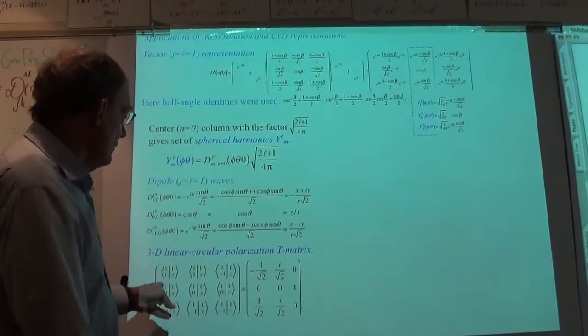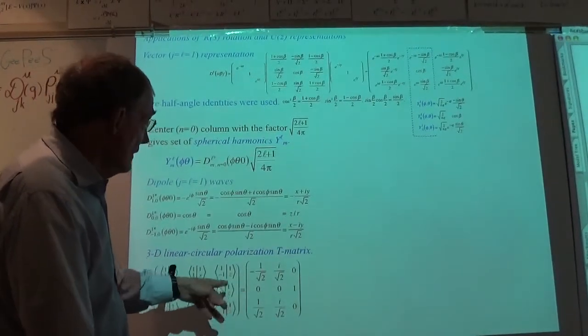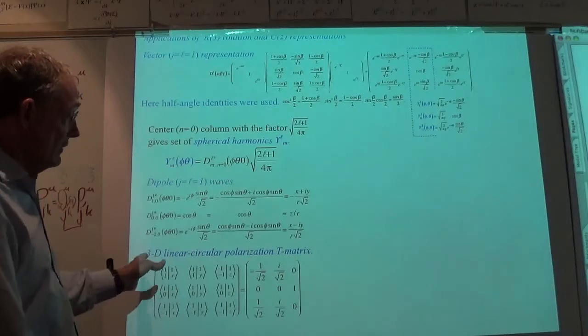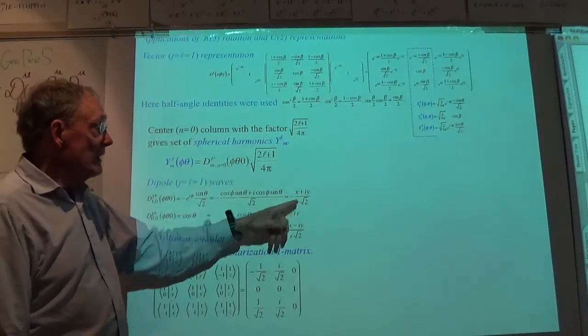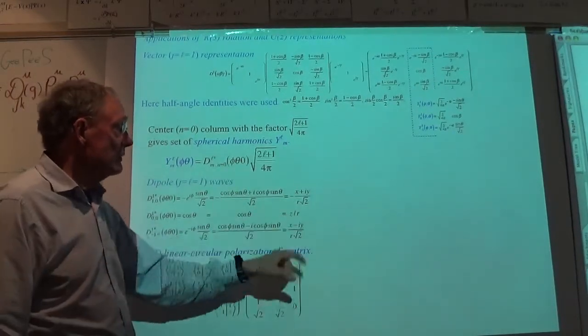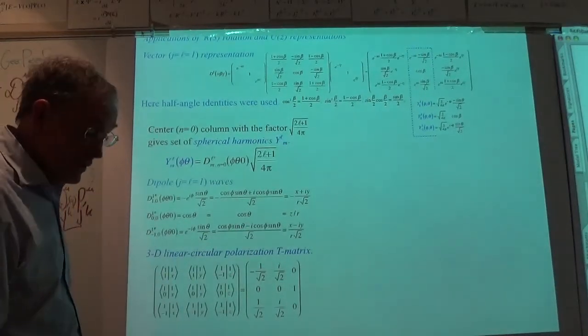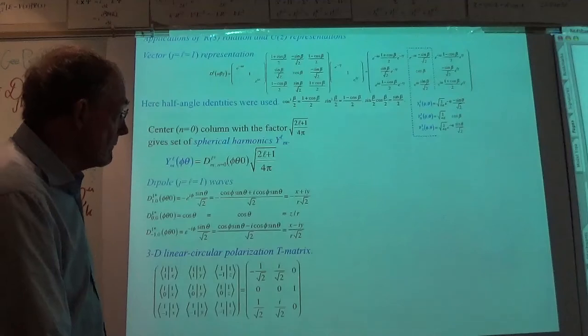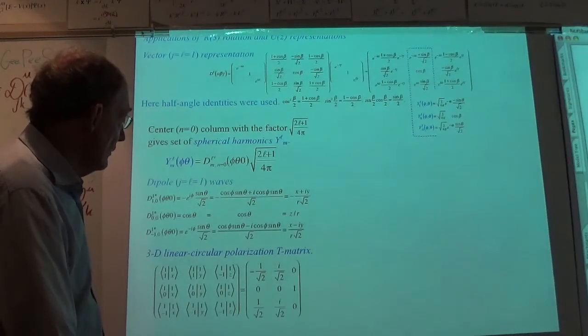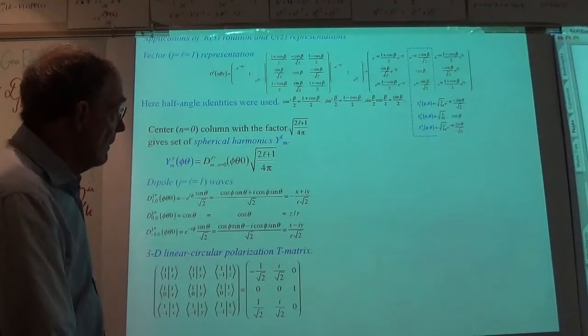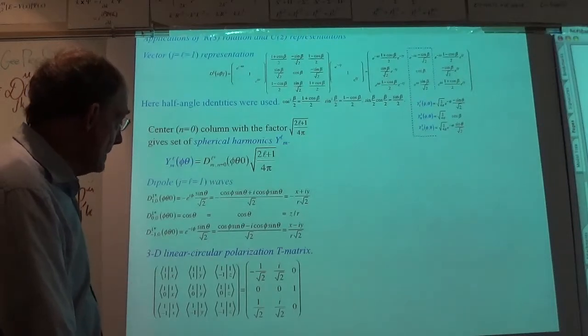The transformation between x, y, and z and circular polarization, that's what this is. That'd be right circular, this would be left circular, and there's just z polarization. Those are the three parts of an optical beam to the multipole order of 1. We've got a dipole here, dipole order.